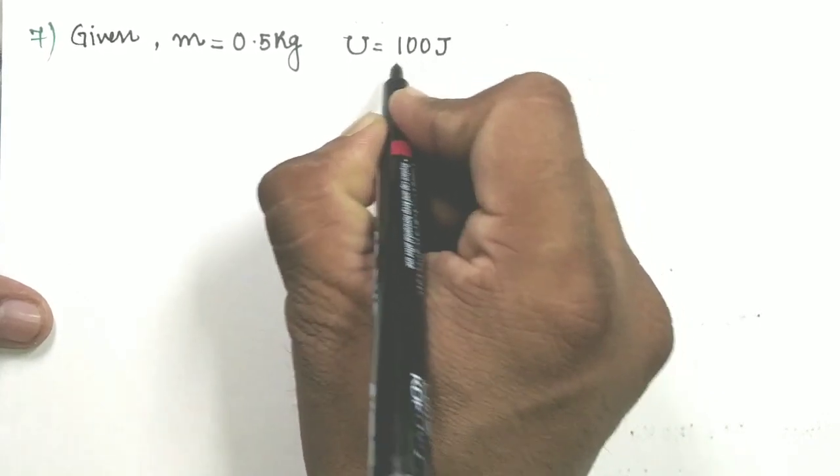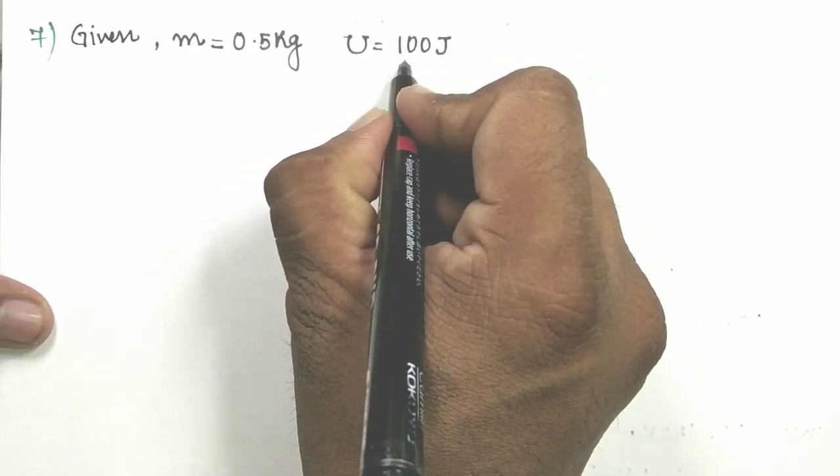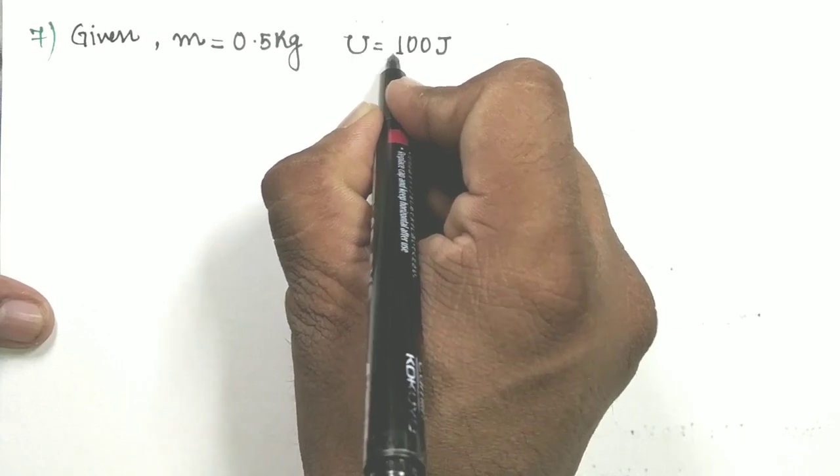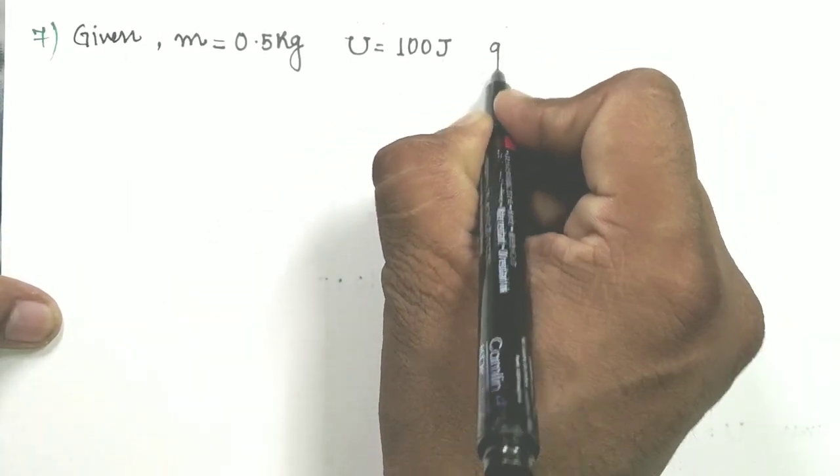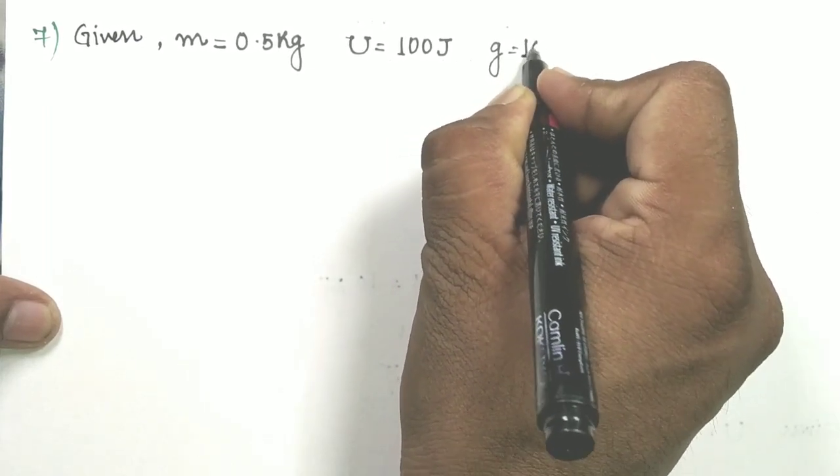Okay students, because the object is at a height h, it will have the potential energy as 100 joule, and here small g is also given as 10.